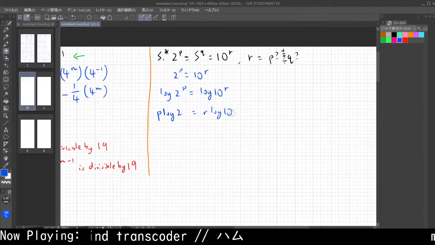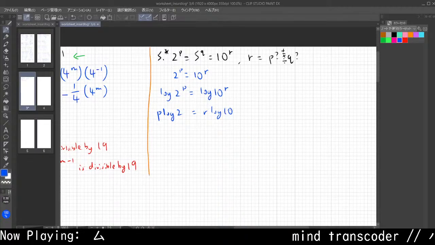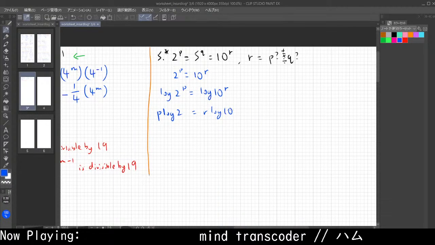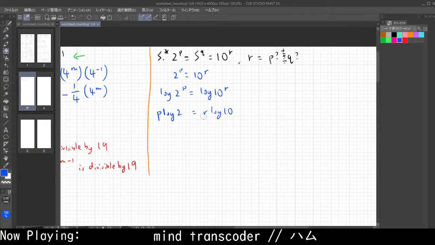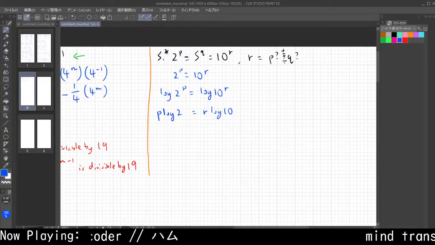And because of this particular action, when I put log on both sides, I can actually put any log I want. Therefore, I can just set it to be log base 10. And why do I want it to be log 10?